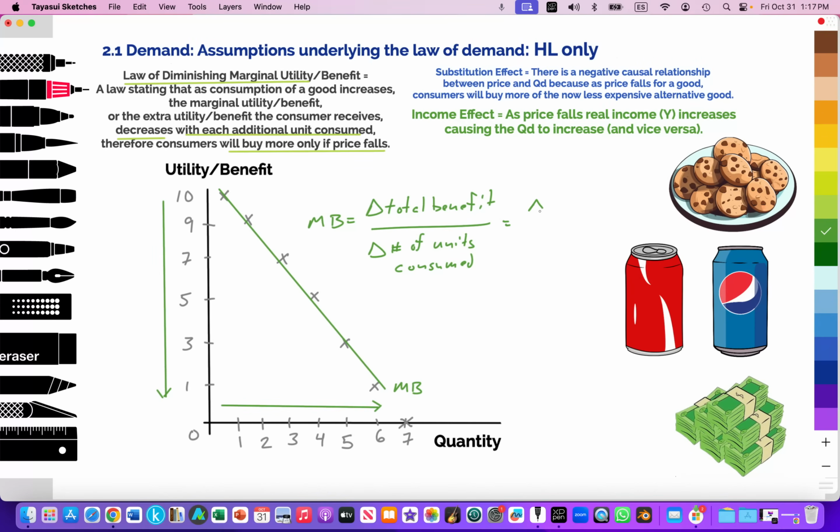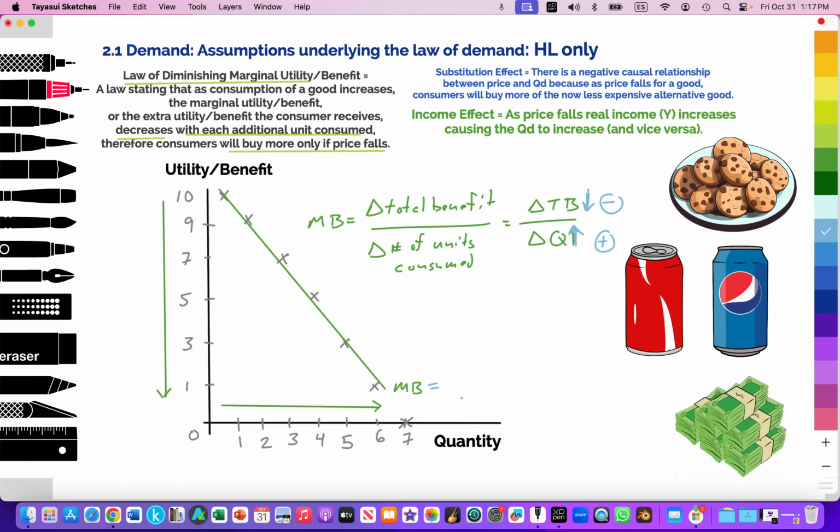Keep it simple, a change in total benefit over the change in the quantity consumed. So here we can see that as they consumed more, I'll put this in a different color, as the quantity of consumption was rising, the additional benefit was declining. So here we see a negative relationship between quantity and total benefit.